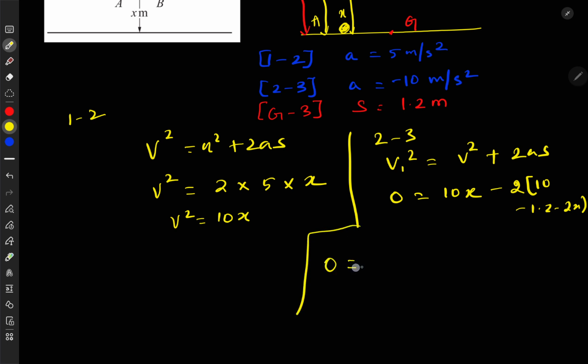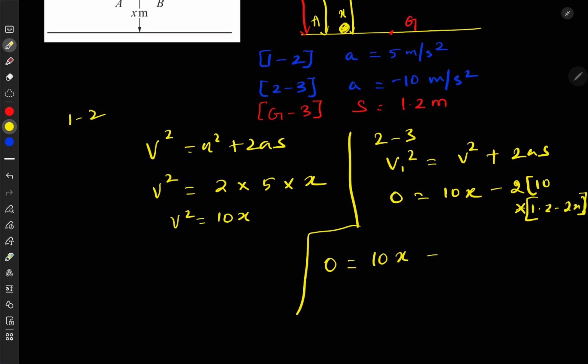So 0 equals 10x minus, so if you solve this, 2 into 10, which is 20, and then it's multiplied inside.